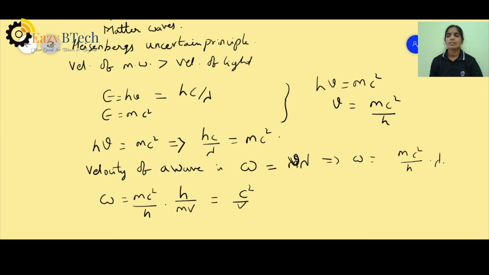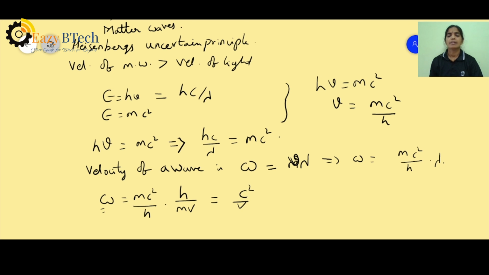We cannot have the velocity of the particle greater than the velocity of light. It is always a smaller value when compared with the velocity of light. In such a case, what will happen? The velocity of matter wave will be greater than the velocity of light wave. Here v is the velocity of a particle and c represents the velocity of light. So the velocity of a particle is always less than that of light.